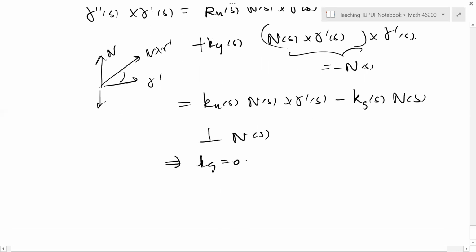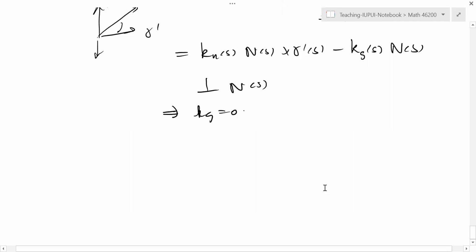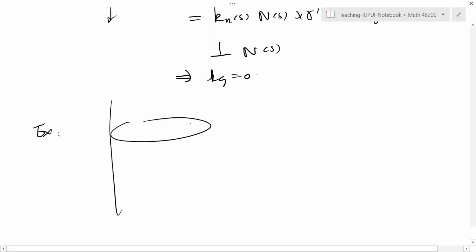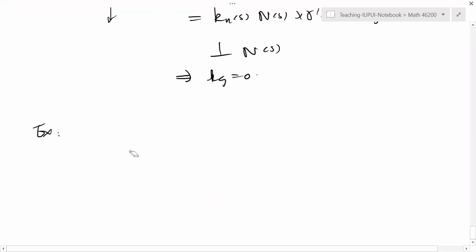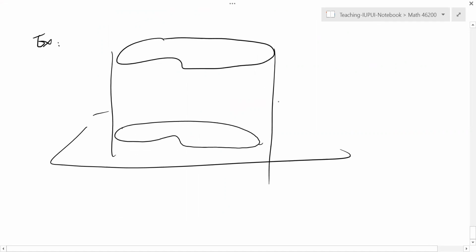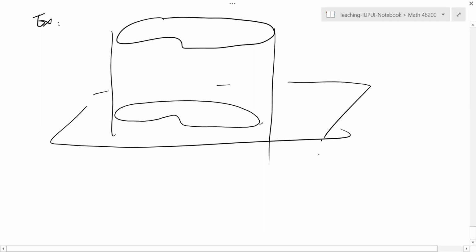So let's look at a special example: a cylinder, not necessarily a circular cylinder. Is this a normal section?